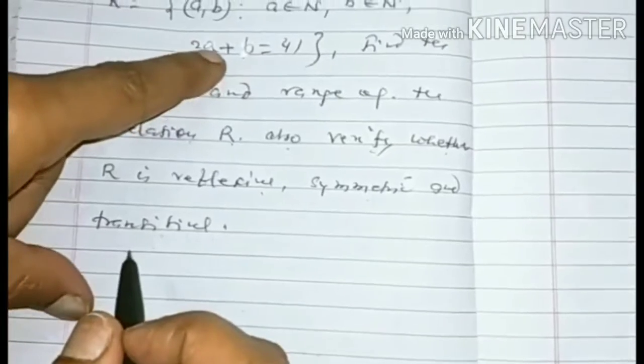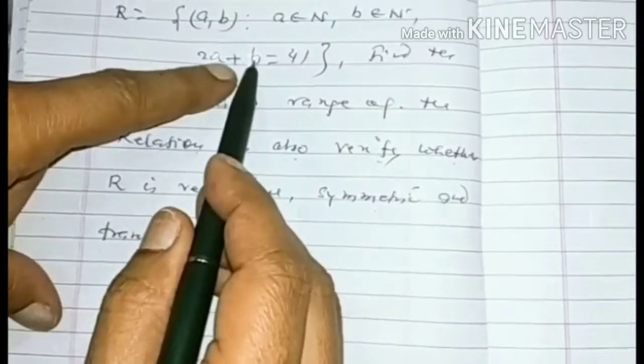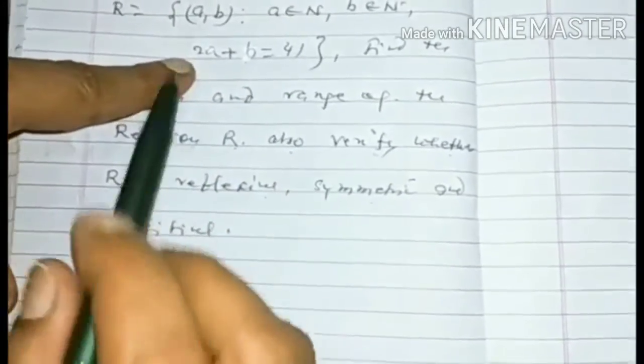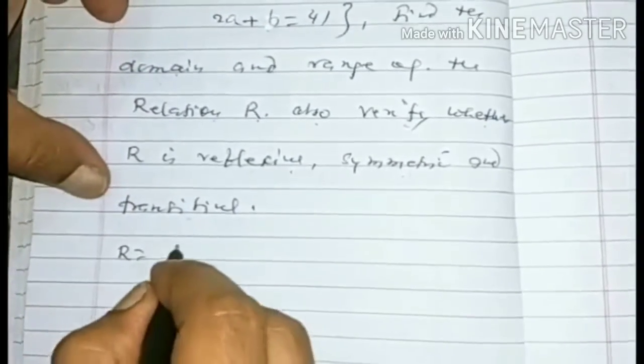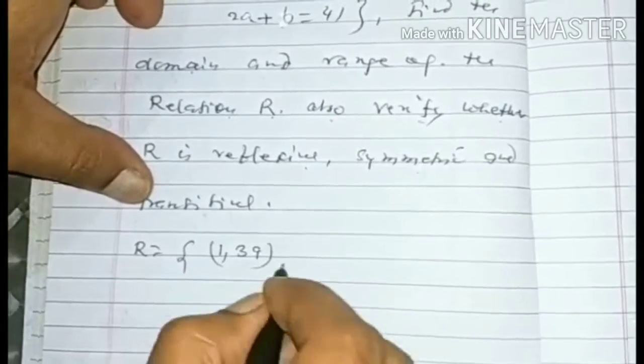If A is equal to 1, 2 times 1 is 2, plus 39, is equal to 41. That means the first ordered pair will be (1, 39). So R contains (1, 39).